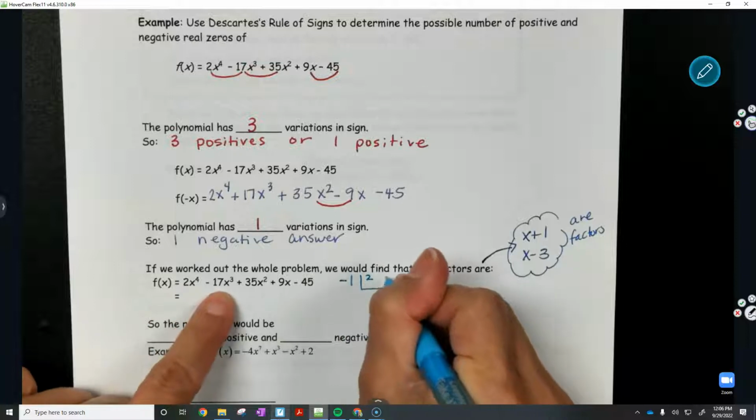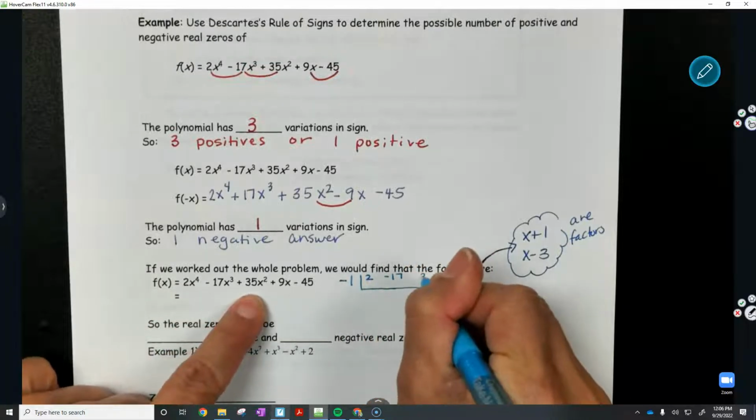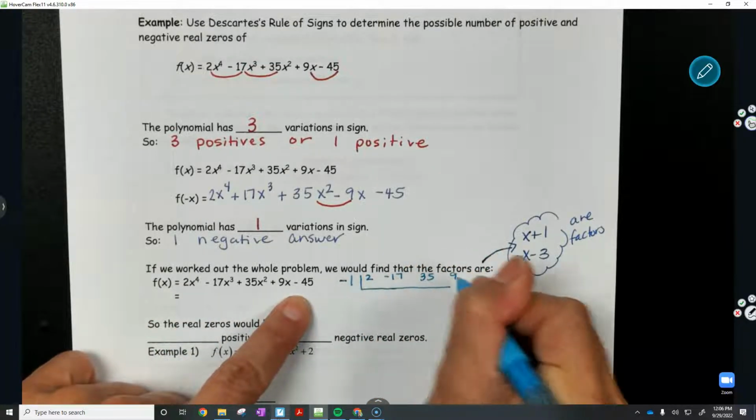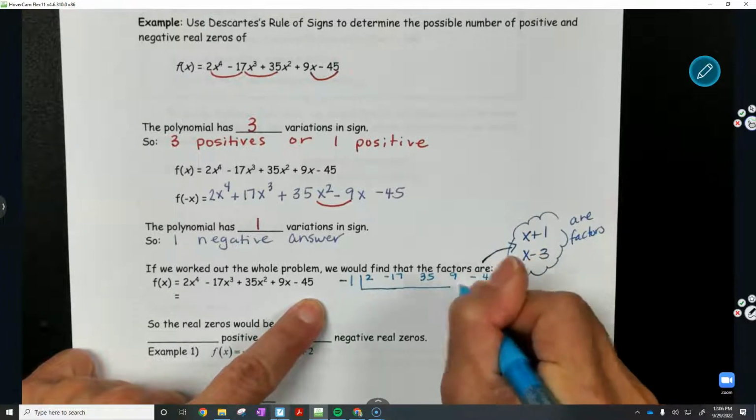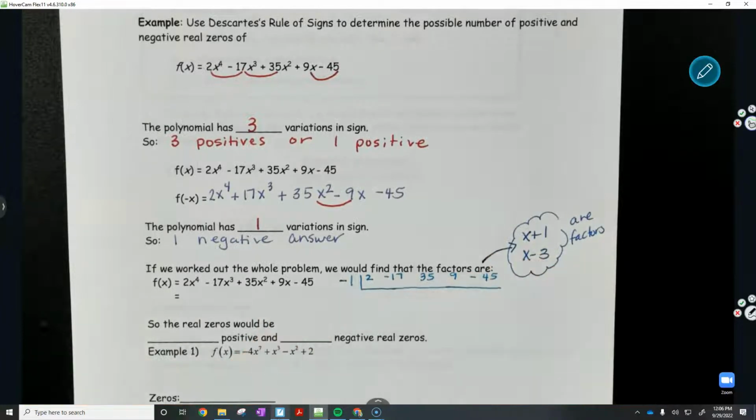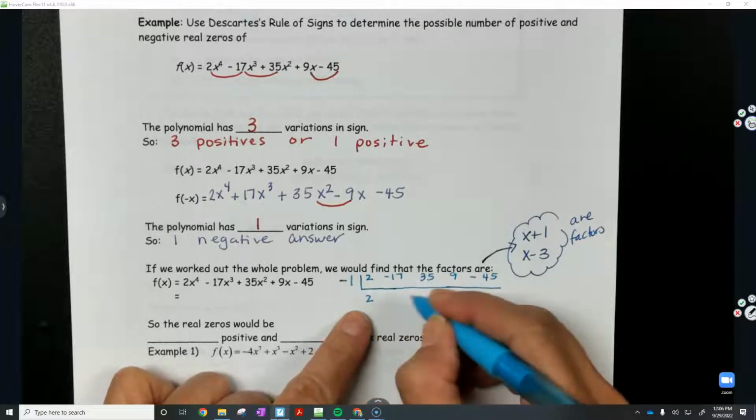Kind of write small because I didn't really leave room. Now remember, if x plus 1 is a factor, what should be the answer right there? Good. And guys, if you go ahead and do that, bring down your first number.